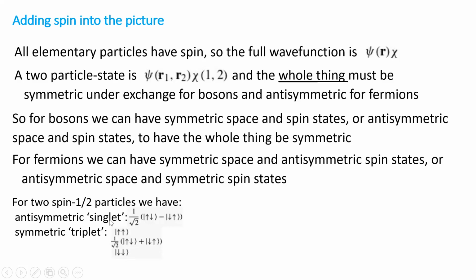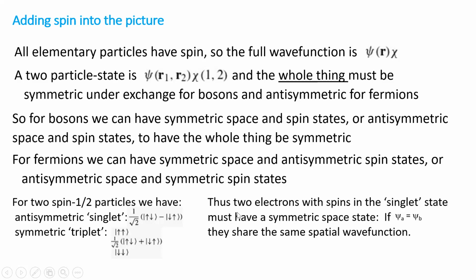Okay, so that's the singlet and triplet states for two spin 1/2 particles. And just incidentally, the singlet state turns out to have total spin 0 because the spins kind of cancel out. Whereas the symmetric or triplet has total spin 1 because we have two spin 1/2s pointing in the same direction.